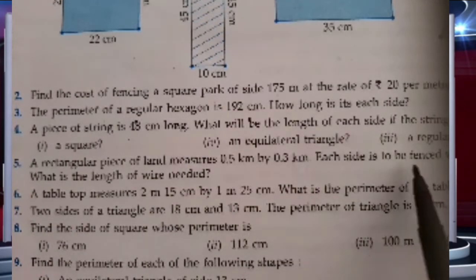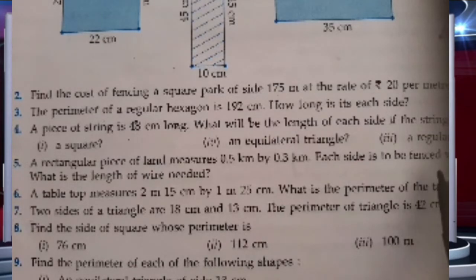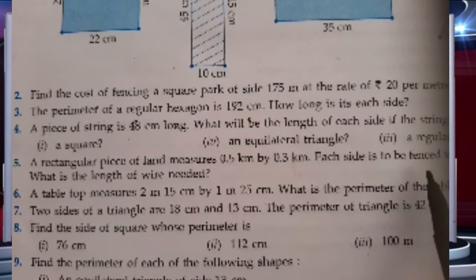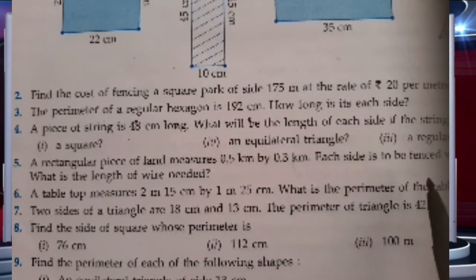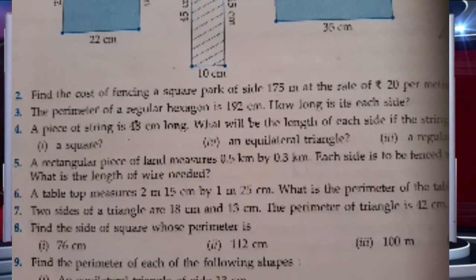See students, here fencing means outer boundary. In the outer boundary only we used to fence. So it means we have to find out the perimeter. But here perimeter also 3 rows of wire. Suppose this is my rectangular land and here I have to fence this with 3 rows of wire.